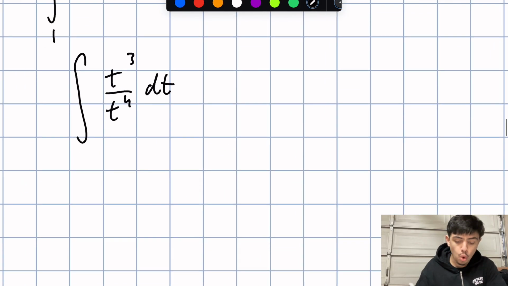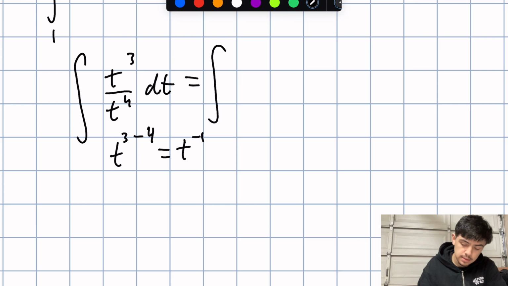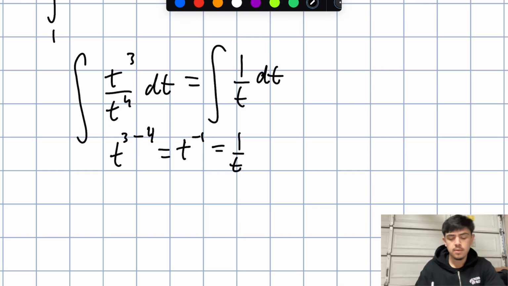So t cubed over t to the 4th is the same thing as t to the 3 minus 4, leaving us with t to the negative 1, which is the same thing as 1 over t. Remember, negative exponents means it's in the denominator. So we have 1 over t dt, right? Pretty easy.